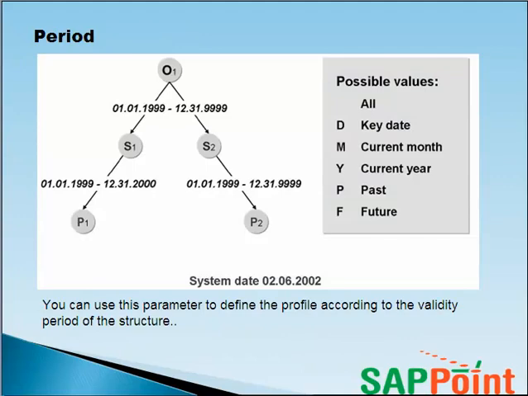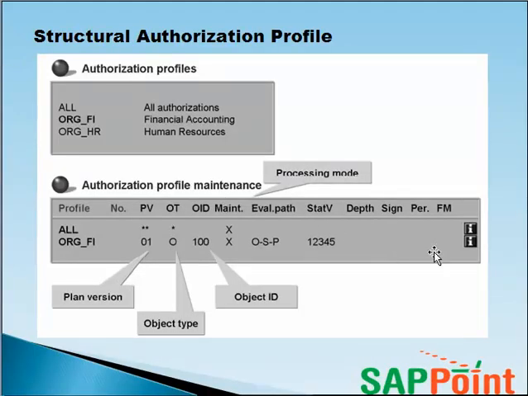Even if you decide to use the function module, you don't make an entry here. You just leave it blank. But you have to ensure that the plan version and the object type are entered. So these are the mandatory ones, whether you use a starting object ID specifically or a function module.